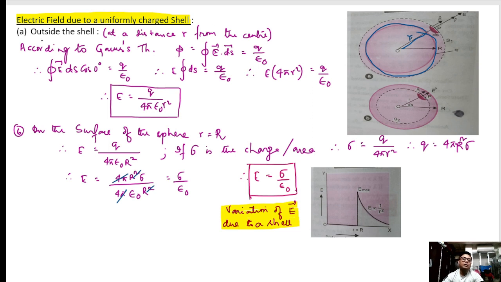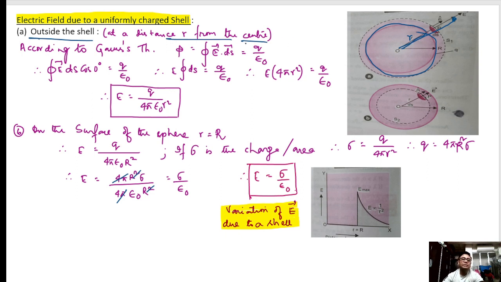Suppose this is a uniformly charged shell of radius r. I want to find out what is the electric field outside the shell, at a distance of r from the center. That means from here to outside, at a distance r, what is the electric field?